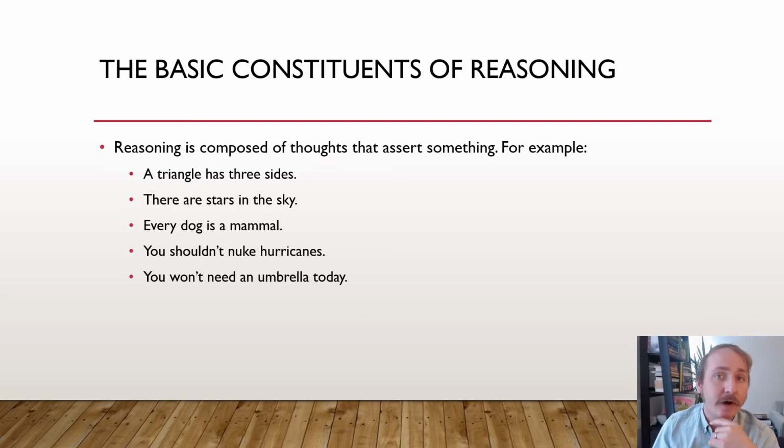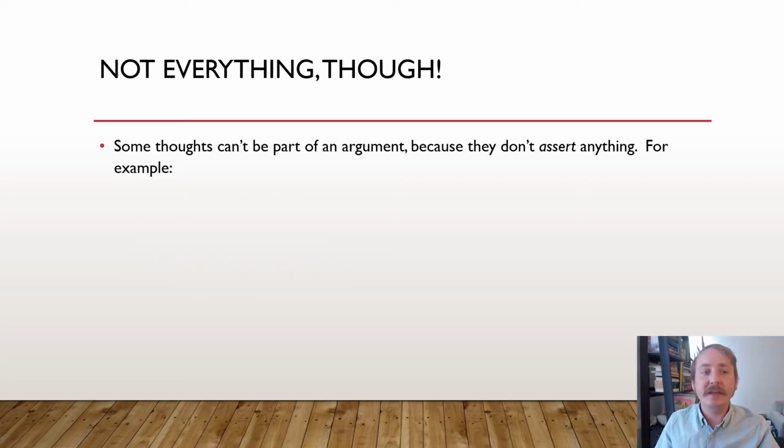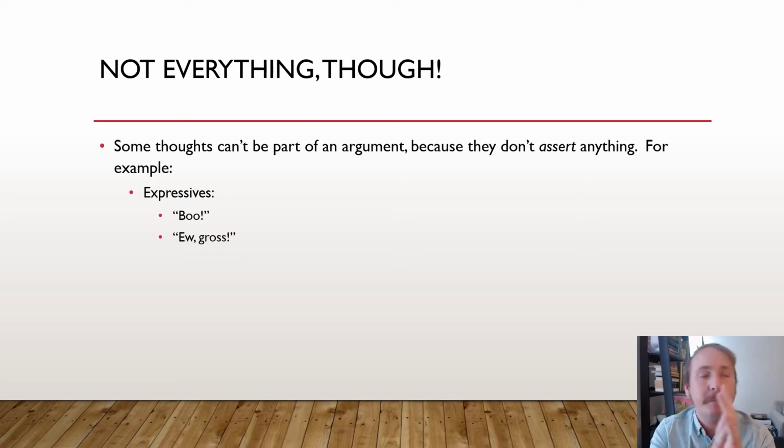So we use our linguistic thought in lots of different ways, and not all of it asserts something. Some thoughts can't be part of an argument because they don't assert something, right? So here's a few examples. This is the case with expressives like boo or ew, gross. Note that if I asked you, is it true that boo?